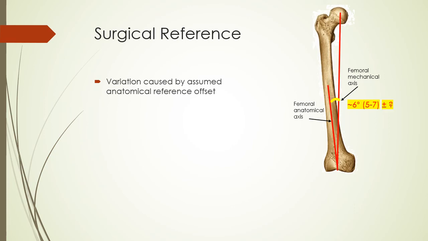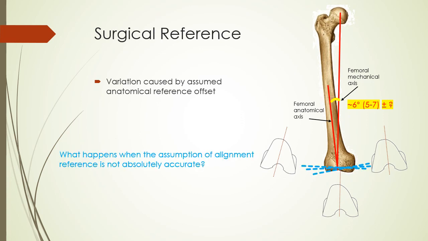In reality, there is some sort of range around this, especially when you have severe deformation or different degrees of deformation. So that will change this actual offset, which we do not know unless we have a navigation system. Then in this case, that will result in a different alignment cut that also will change the width of the cut and also the fit of the cut. Anatomic fit may be altered as well.